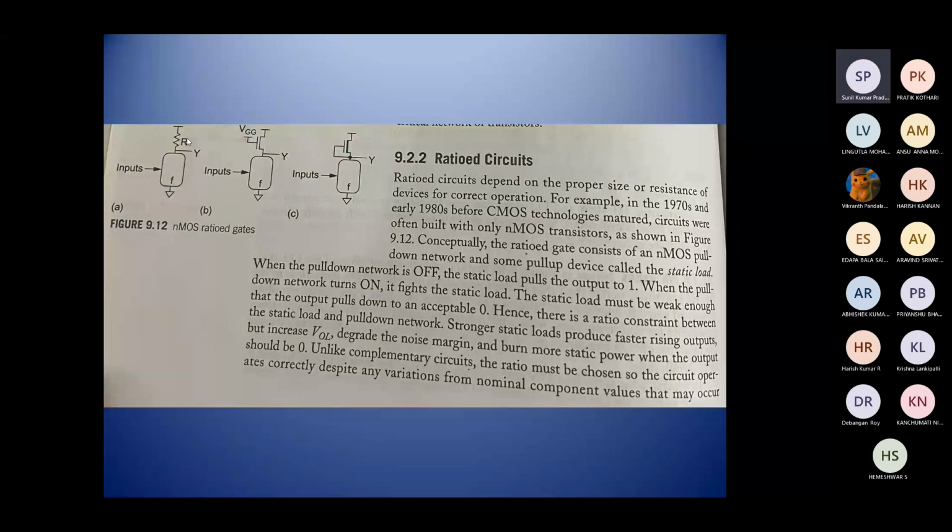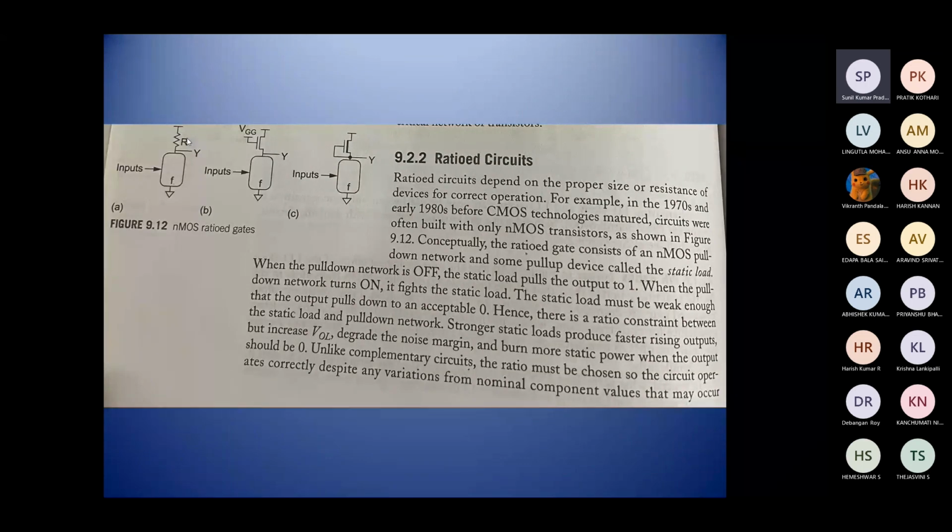A stronger static load produces faster rising outputs, but it increases the output low voltage, that is VOL, which degrades the noise margins. We studied noise margins when we discussed the propagation of digital signals in inverter circuits. The static load also burns more static power when the output should be 0.